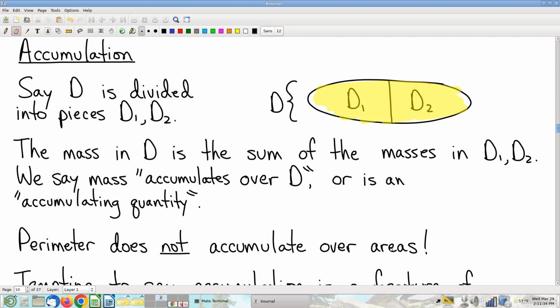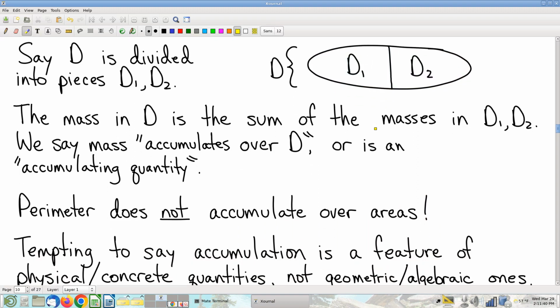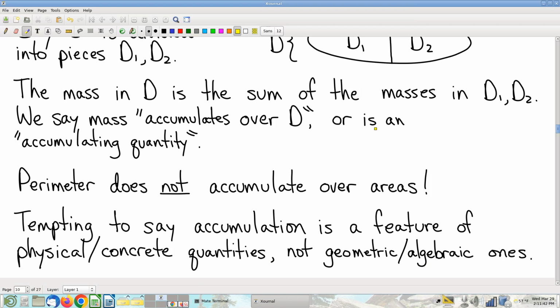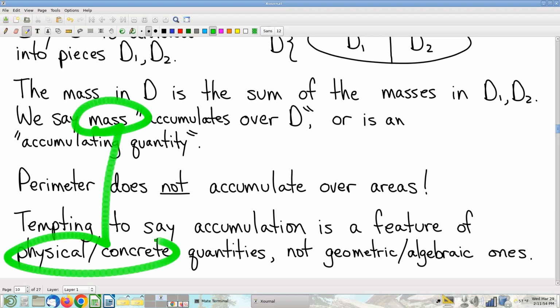Okay. All right, so what's the difference? How come mass accumulates and perimeter doesn't? And there's different points of view you can take on this. I mean, in some sense it is what it is. But it is kind of tempting to say, well, look, there's a physical reason that mass accumulates, right? Mass is concrete, visceral, it's stuff, it's actual, it's part of the universe that we live in.